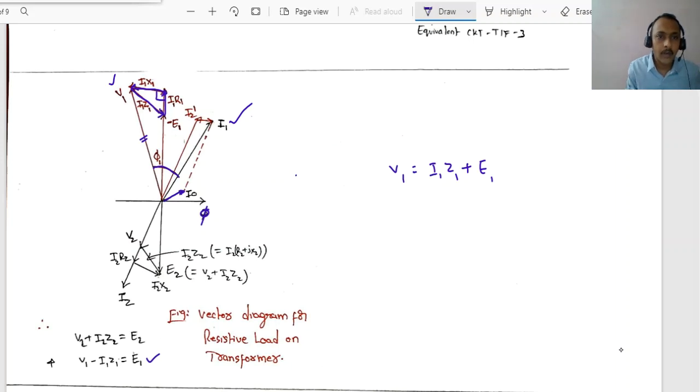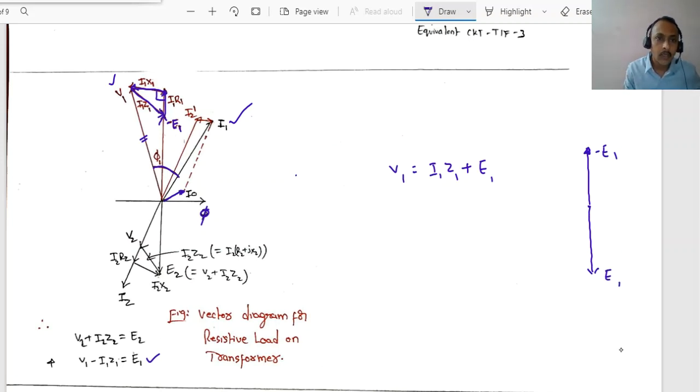That is our I1 Z1. Now if you observe this, this is minus E1. Now its opposite direction will be plus E1. Understand? Like this you have drawn minus E1. The representation is given as minus E1. Then what will be the E1? E1 will be quite opposite to that one, right?